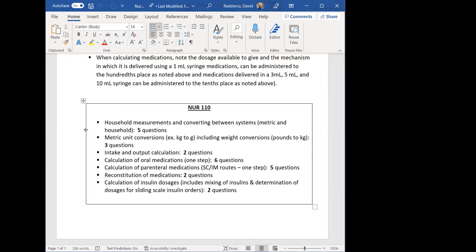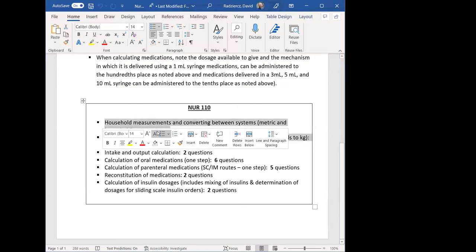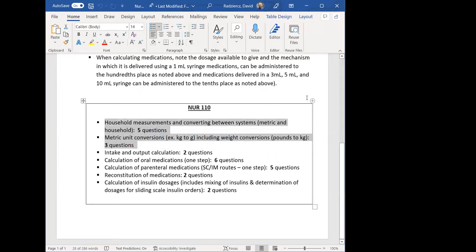Additionally, hand in hand with those, you're going to see some metric unit conversions going from kilograms to grams, milligrams to grams, milligrams to micrograms, as well as weight-based conversions going from pounds to kilograms. So your first 8 questions on your test are going to be your basic, I say basic, but your basic unit conversions.